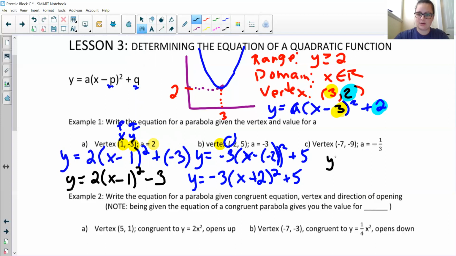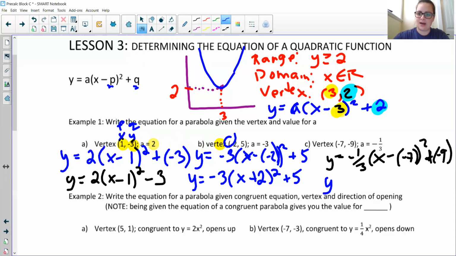So y equals a, and a is -1/3, times x minus the x coordinate of our vertex, so that's p, which is -7, plus q, which is -9. That's a plus there. It doesn't look like it, but it is.